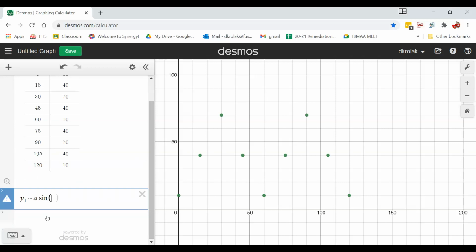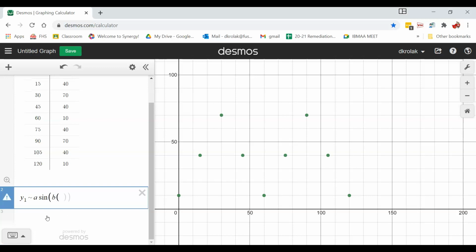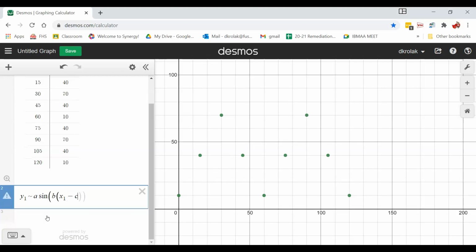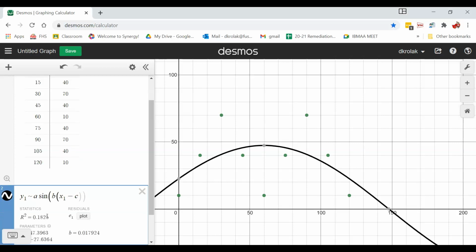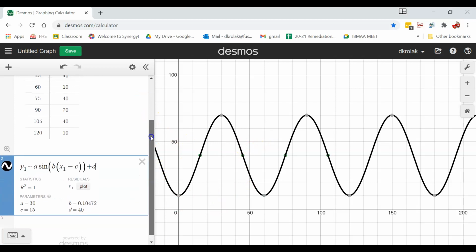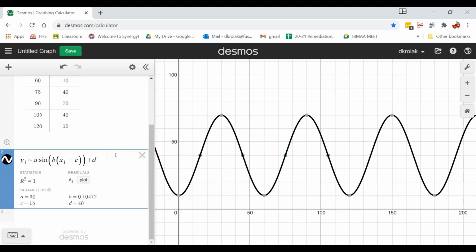Just type in the word sine, then B, parentheses, x1 minus C. To close it, I have to put two parentheses, and then plus D. You can see it fits the data perfectly, and that's what this R1 tells me. The R squared being 1 means a perfect fit.